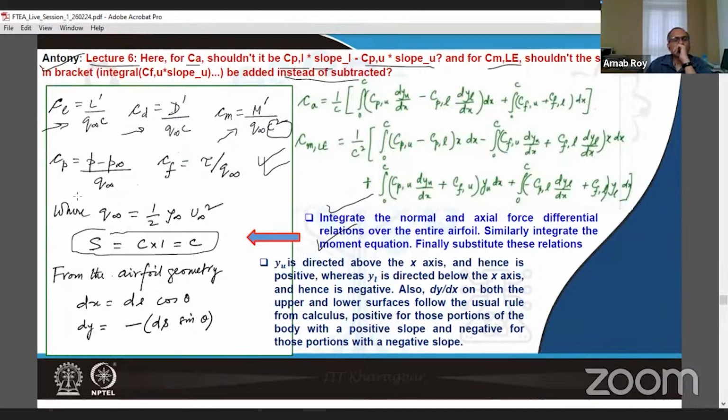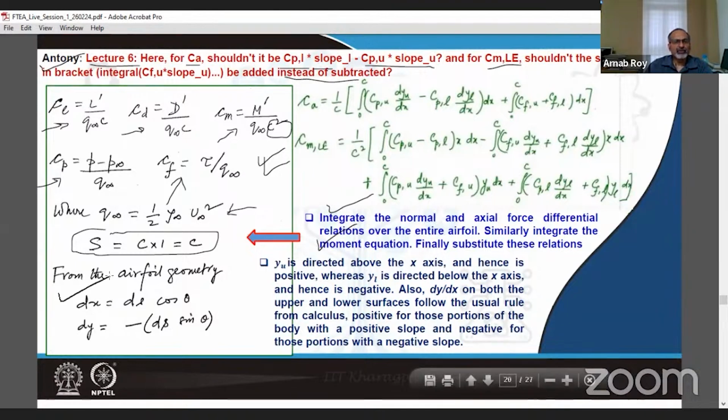And this is the pressure coefficient. This is the skin friction coefficient. For simplicity, we have represented the dynamic pressure as Q infinity. So that's nothing but half rho U square, taking the values from the free stream.